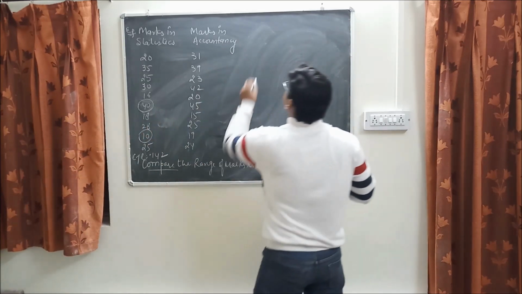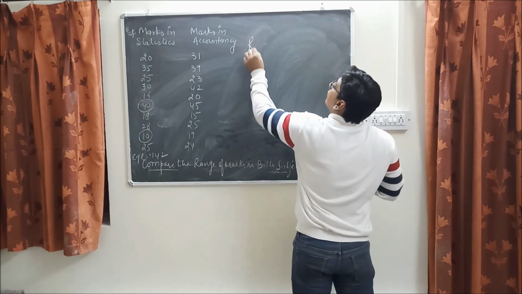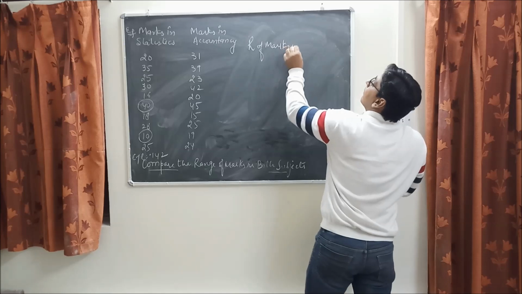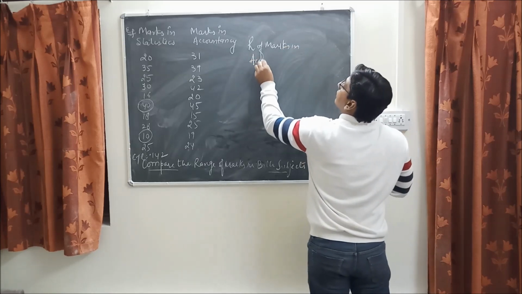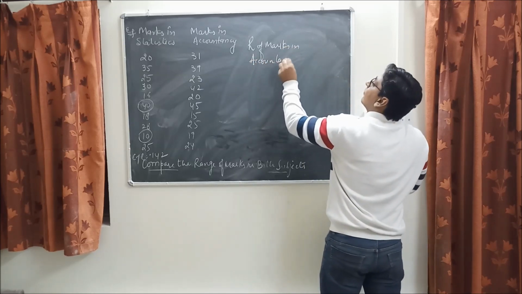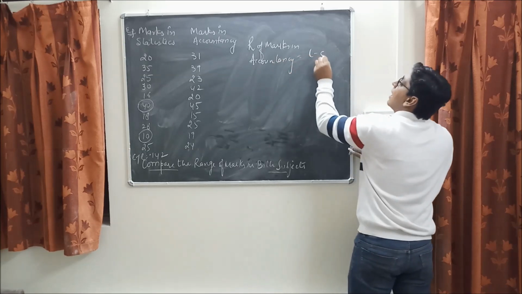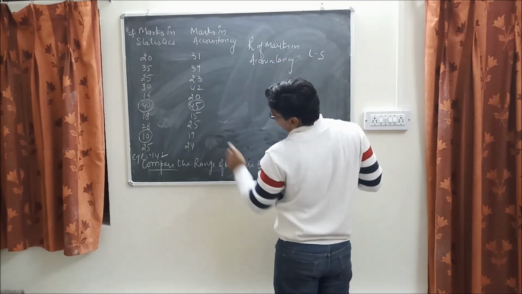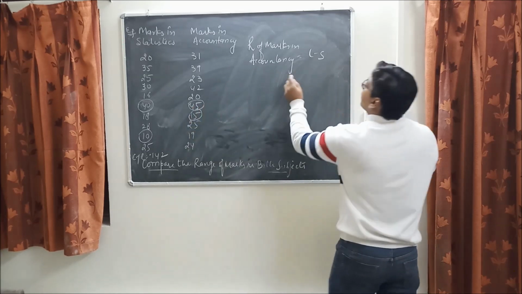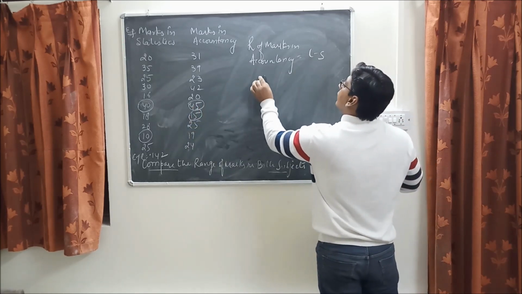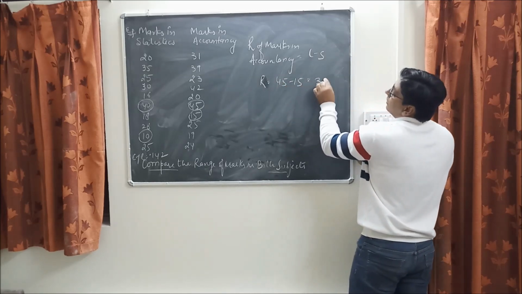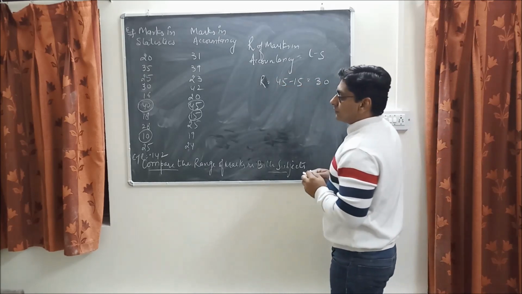Now we find range of marks in accountancy, L minus S. The largest value is 45 and the smallest value is 15. So R equals 45 minus 15 equals 30.